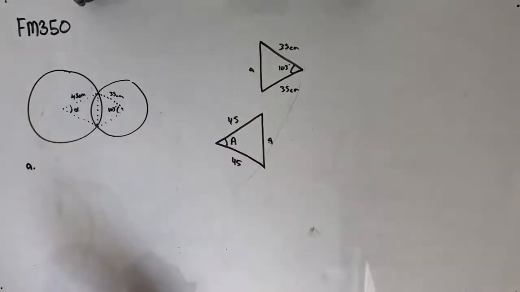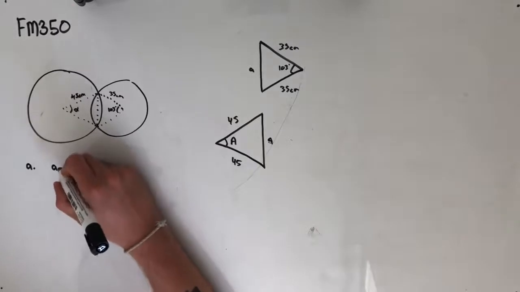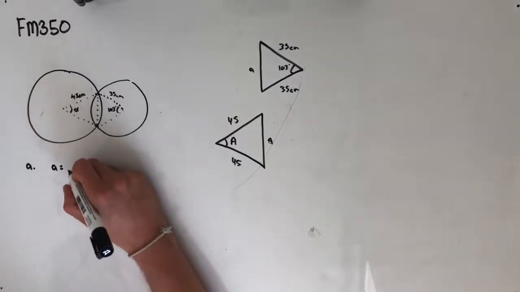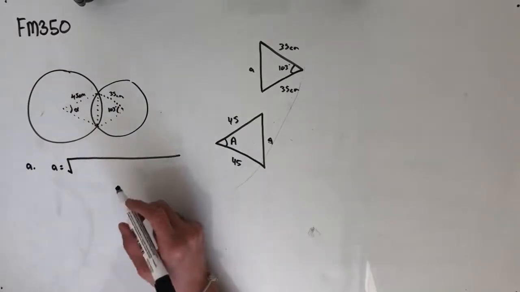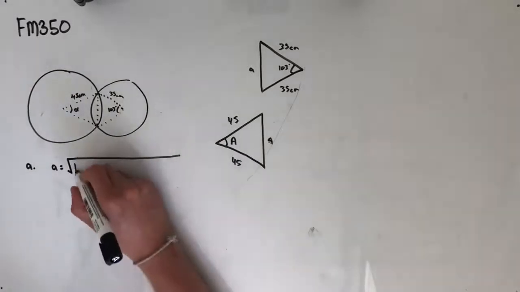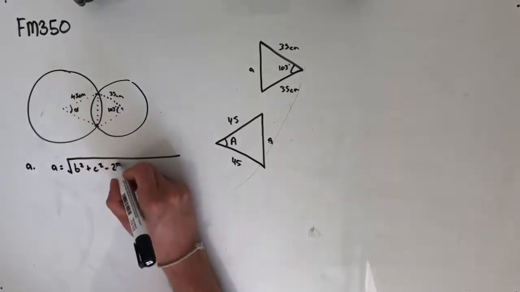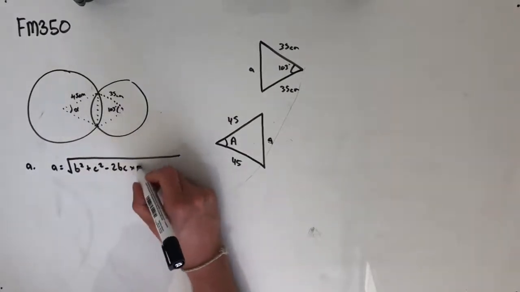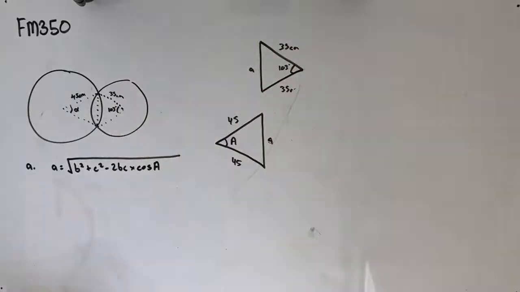So with that in mind, we'll first start off by finding side length a, which the adjusted formula for finding side length a according to an adjusted cosine rule is the square root of b squared plus c squared minus 2bc times cos of A, and we're looking at this triangle here as we do this.